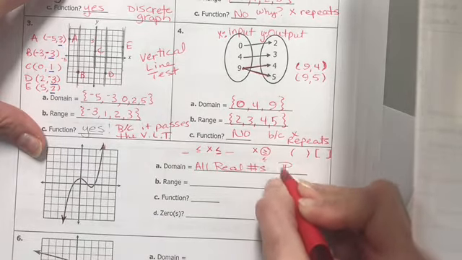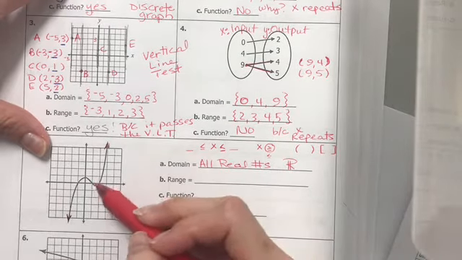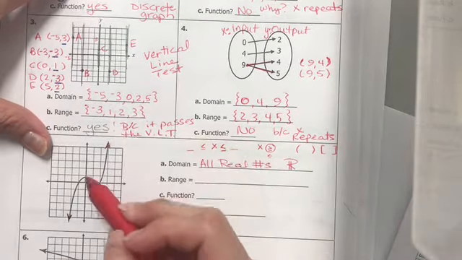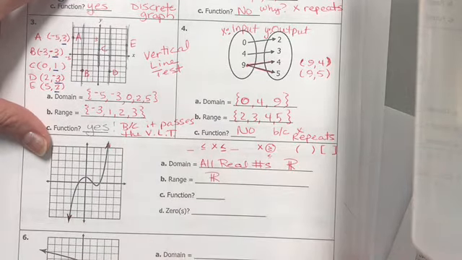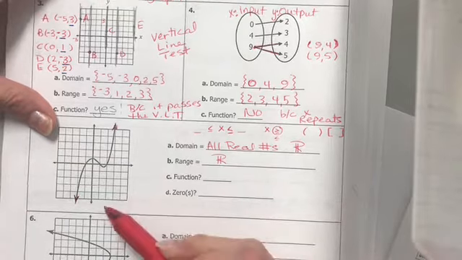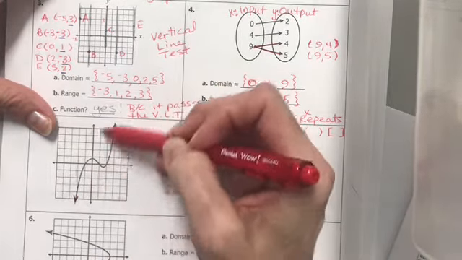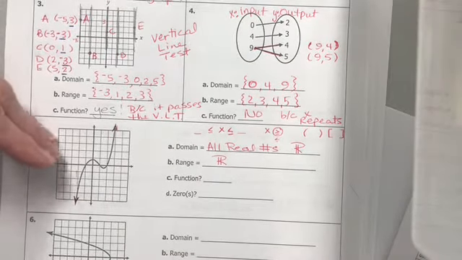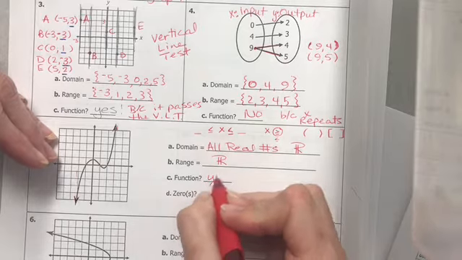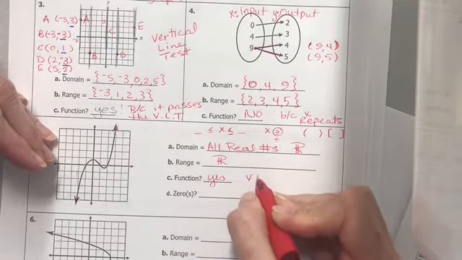Or you can just simply use R. And then our range is forever going up as well and forever going down. So it too is all reals. It's a graph, so by vertical line test, if I check all my vertical lines, it's always going to just cross my graph once. So yes, because it passes the vertical line test.